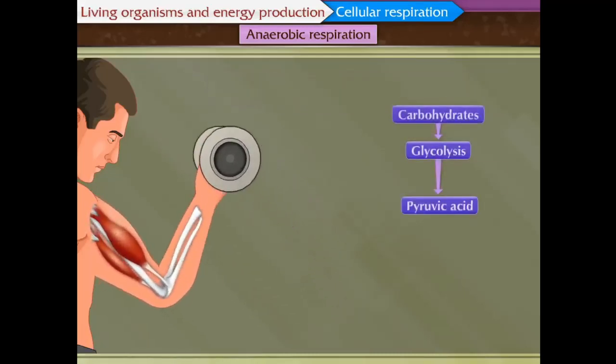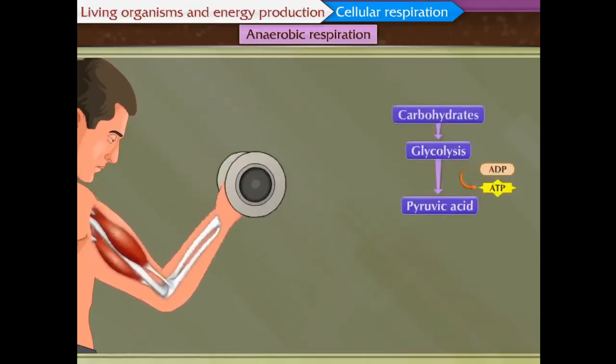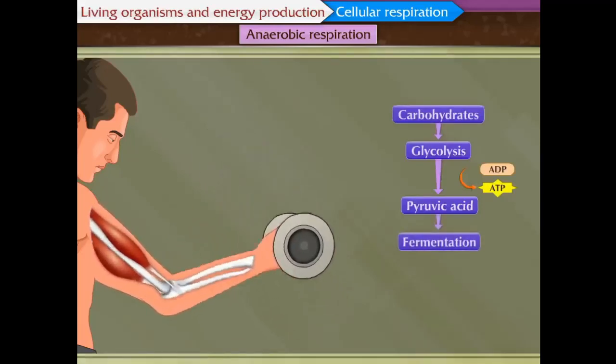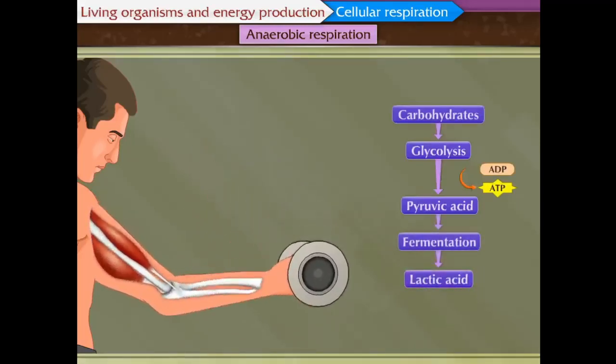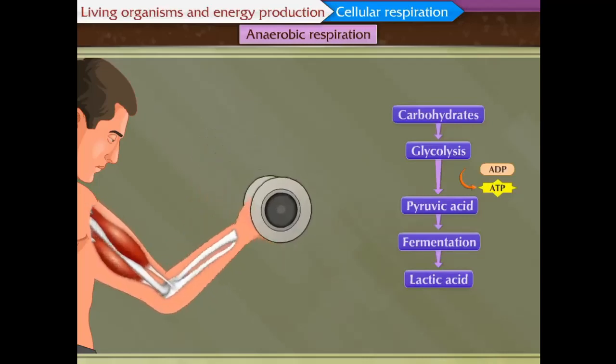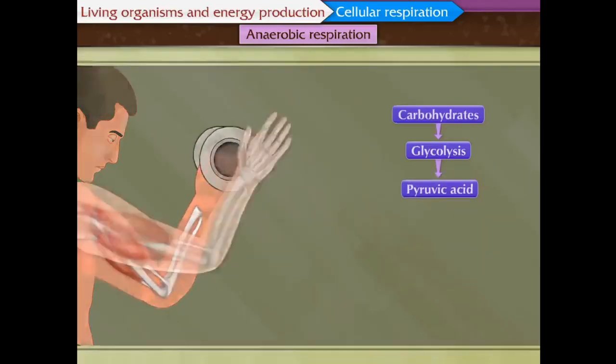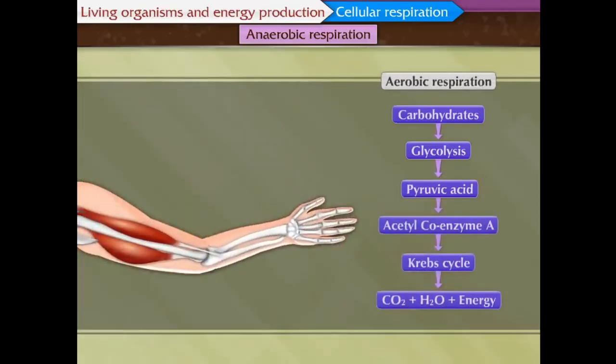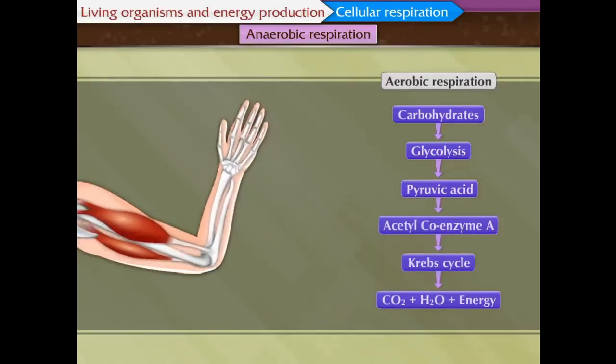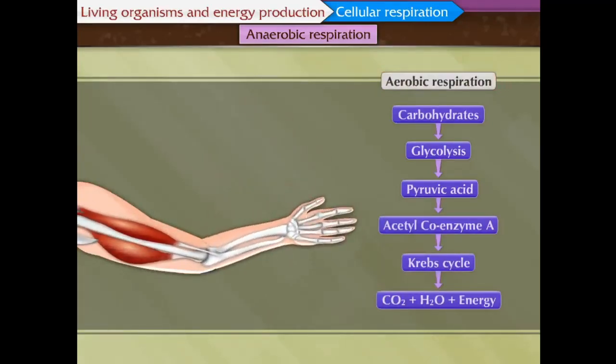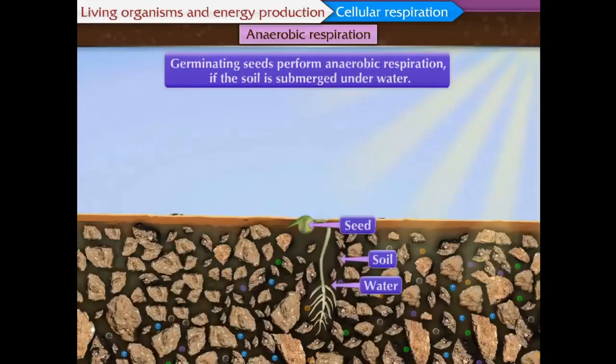Due to this, a smaller amount of energy is produced in our body, and the lactic acid formed accumulates in muscles, due to which we feel tired. When oxygen levels return to normal, muscle cells again return to aerobic respiration. Germinating seeds also perform anaerobic respiration if the soil is submerged under water.